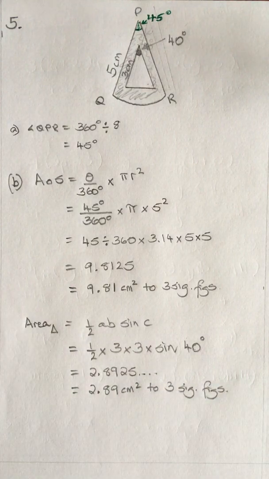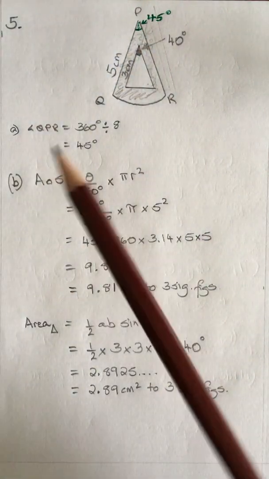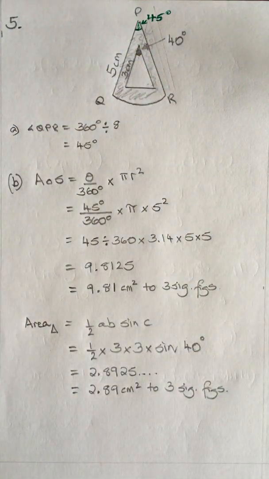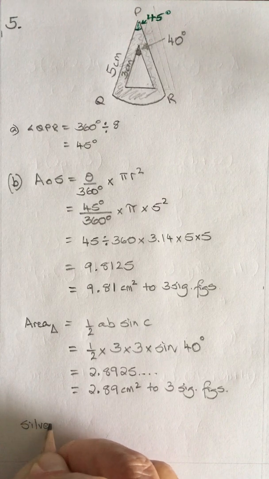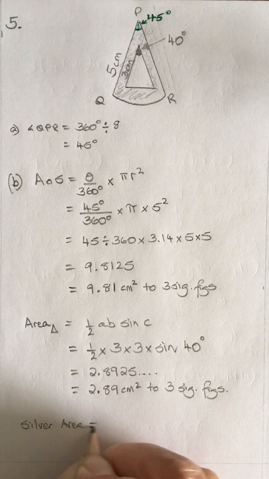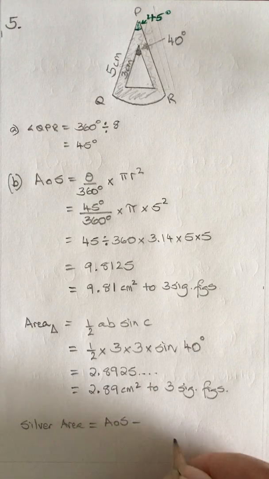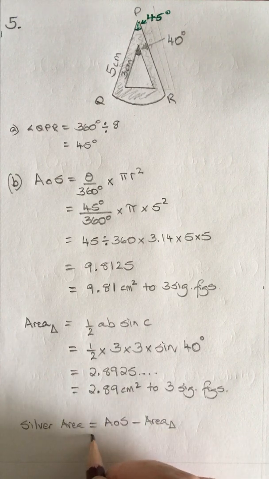Okay, you're trying to find out the silver area, so you're trying to find out this area here. So you need to do the area of the whole sector, take away the area of the triangle. So the silver area equals the area of the sector, take away the area of the triangle.